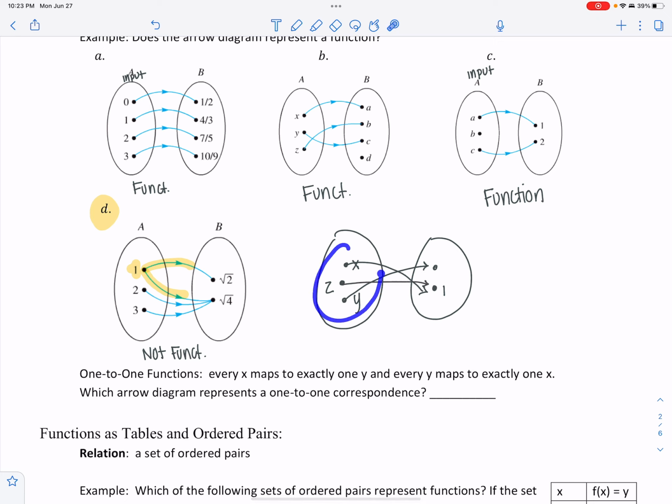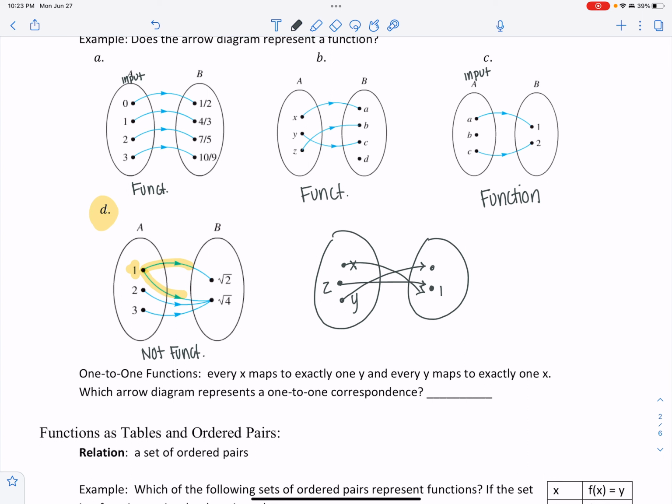Now, all I care about is this input side, the left-hand side. It does not matter that 2 arrows are going to a Y. All that matters is these points in the inputs only have 1 arrow coming out of them. So that actually would be a function.